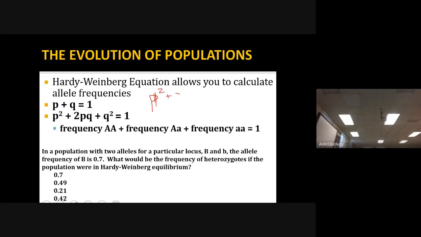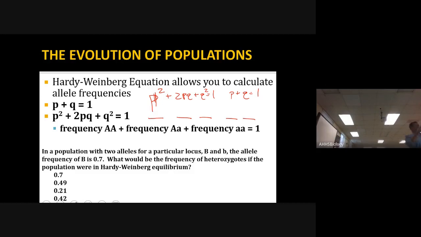P squared plus 2pq plus q squared equals 1, p plus q equals 1. There are 5 numbers here that are possible to be given or to get. And so I write them down and I say, okay, there's a number there, a number there, a number there, a number there, and a number there. What am I solving for?